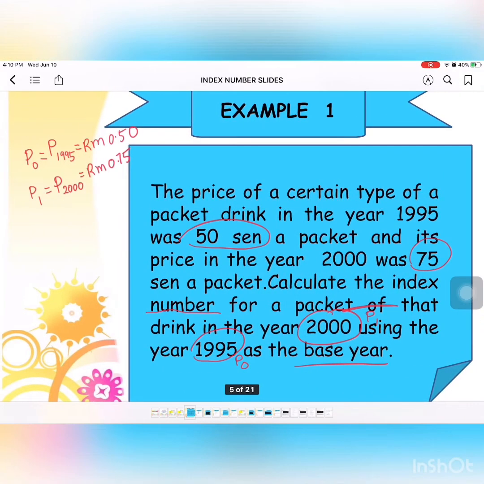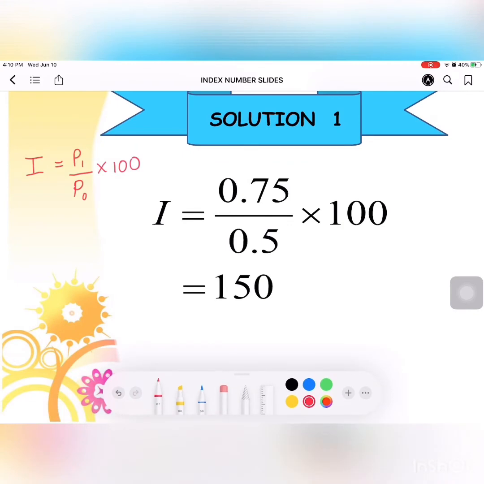So in this case, our index number is I of 2000 based on 1995. We can write it like this so that you will not get confused. I 2000 over 1995 equals P1, the price at 2000, over the price at 1995, times 100.